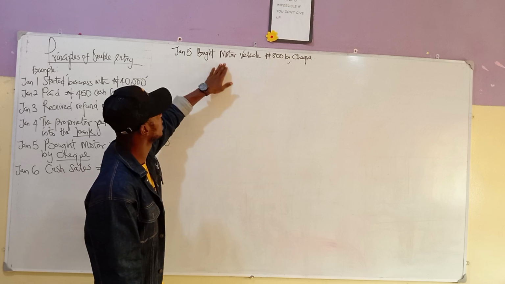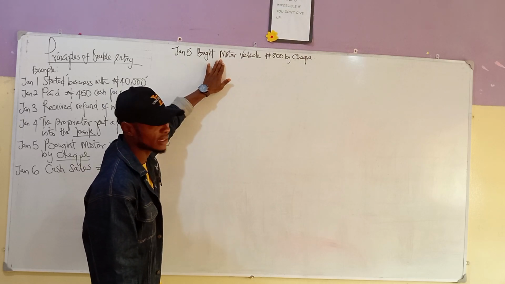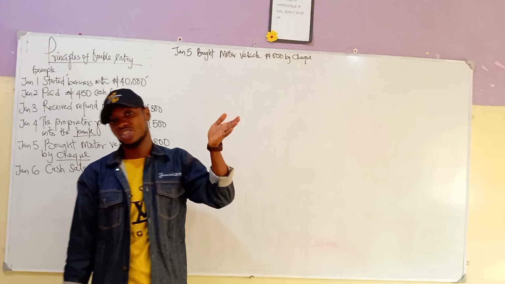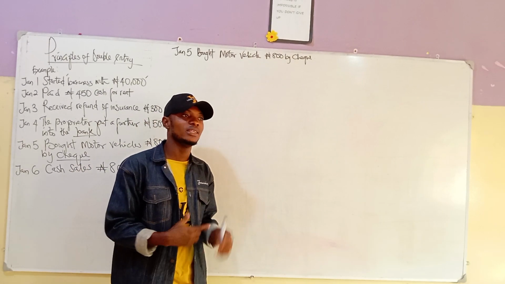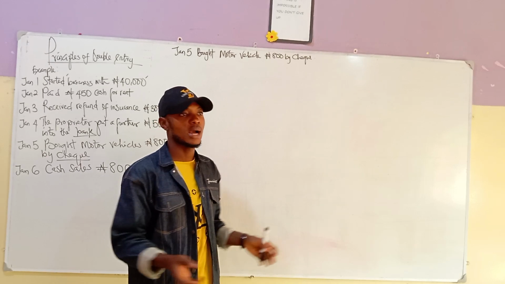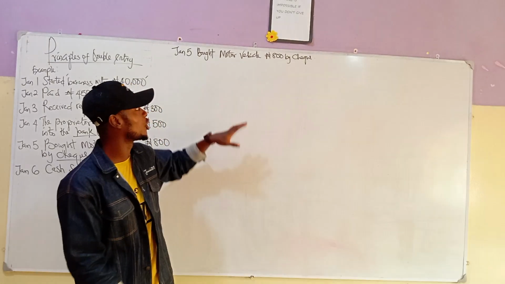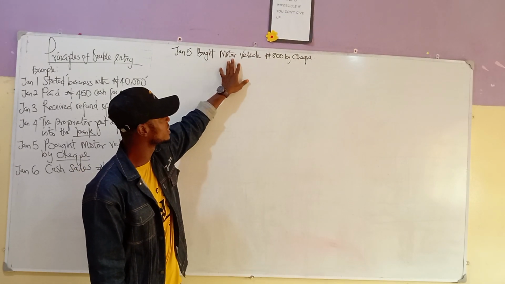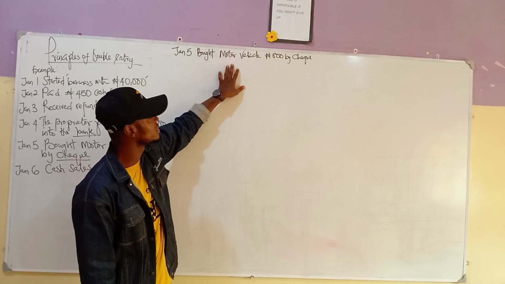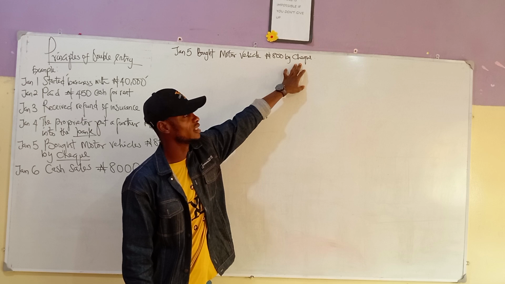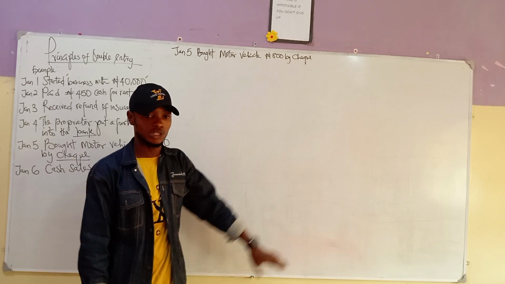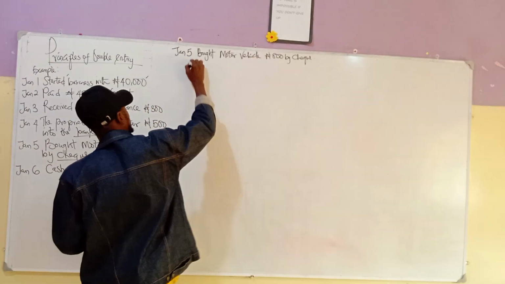What happened? We have an increase in asset. Motor vehicle in terms of balance sheet is an asset because it is something in an organization that can easily be converted to cash, that can be liquidated and converted to cash. So it is an asset, meaning our asset is increasing, and then our asset in terms of our bank is what is reducing. So that is the effect.